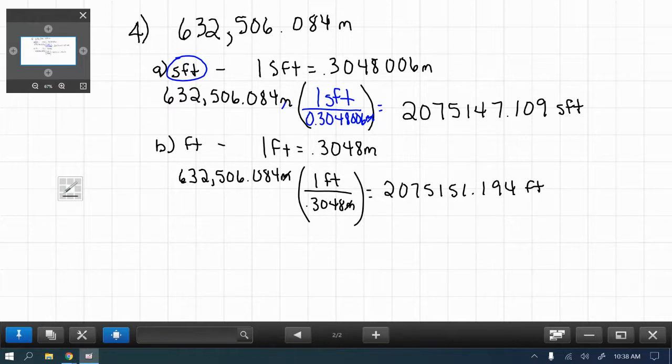All right, I'm going to go ahead and stay on this page because now we're going to be working survey feet to meters, and my conversions are still up here.